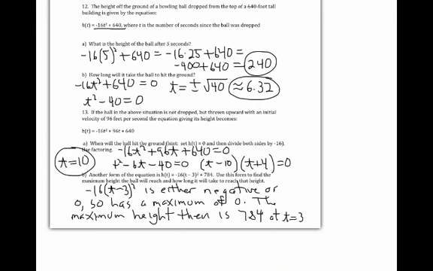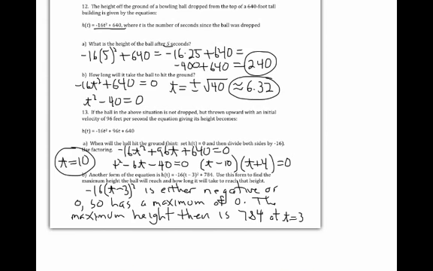The negative 16t squared is going to be part of all these equations, and the 640 comes from the height of the building. So if we want to know where it is after 5 seconds, we just plug 5 into our equation. We get negative 16 times 5 squared plus 640, which gives us negative 16 times 25, or negative 400 plus 640, which gives us 240. So it's 240 feet off the ground after 5 seconds of dropping.